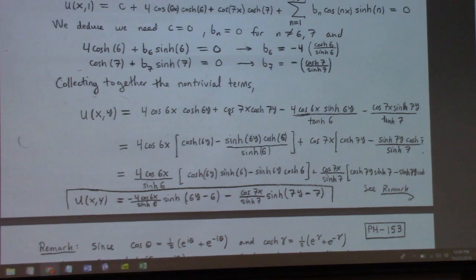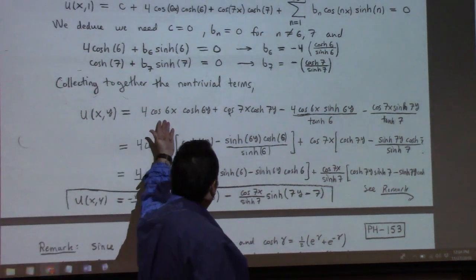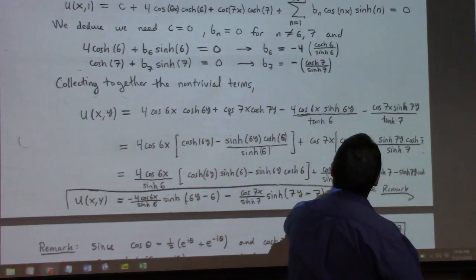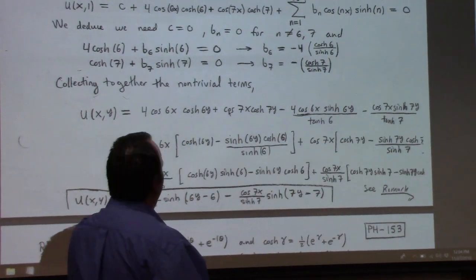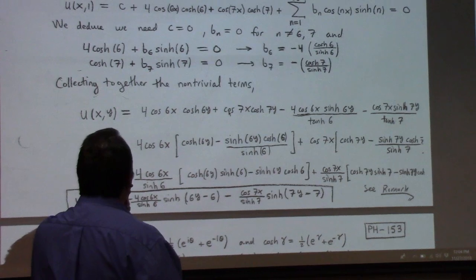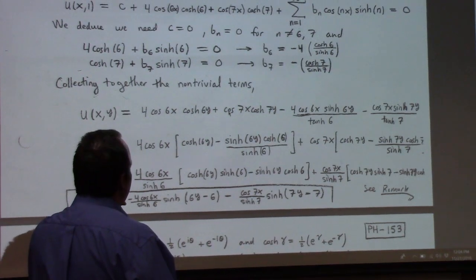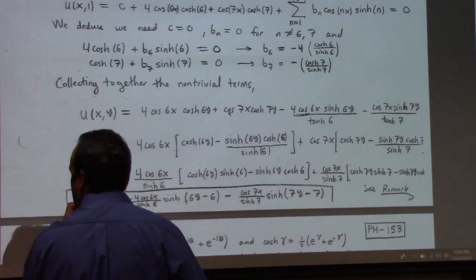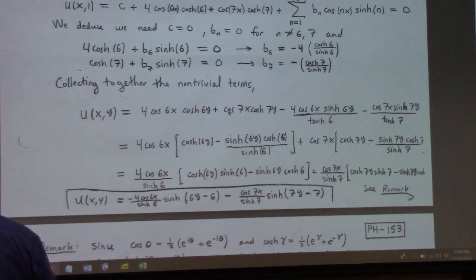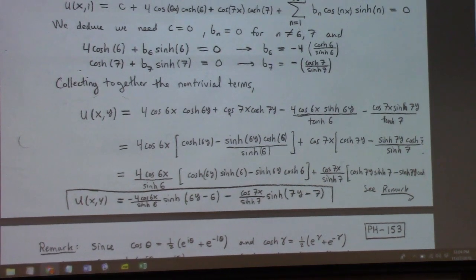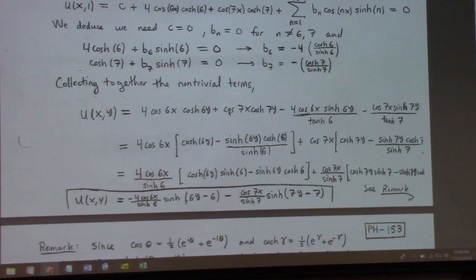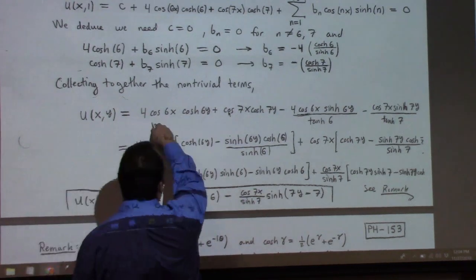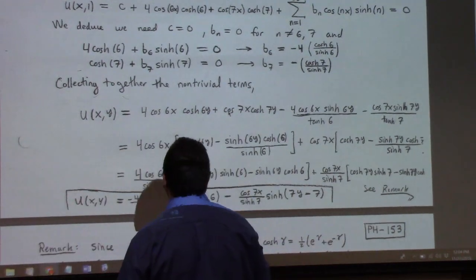I've written it in a different way though, haven't I? What did I do? Cosh, great. We got those terms, you see them, right? Let me underline them in green over here. So you can easily see these terms sticking out at the front, right? Those ones.